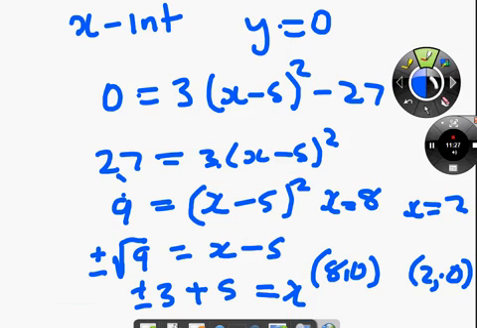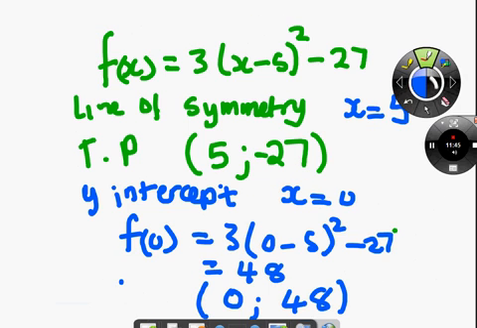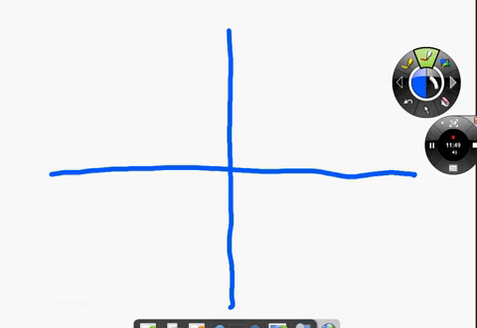Now let's go and plot our graph. Remember, we must start with the line of symmetry. So our line of symmetry, remember, is x is equal to 5. So let's put x is equal to 5 on the graph.